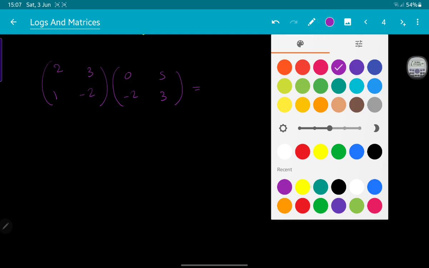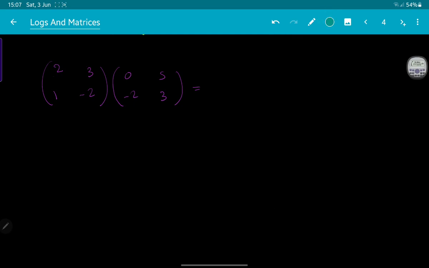To multiply, we take the first row and multiply it by the first column, then the second column. After we finish this, we take the second row and multiply it by the first column, then again by the second column. How can we do this?